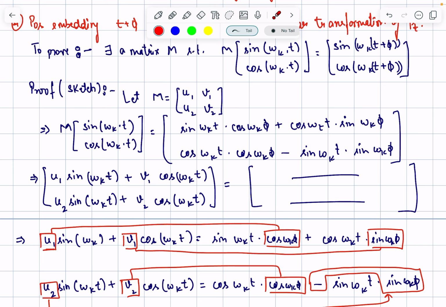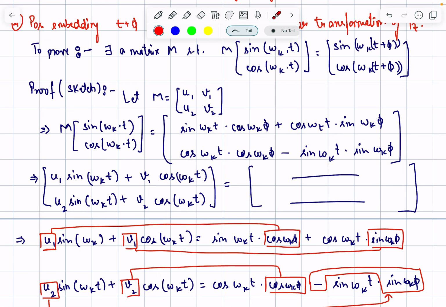So that means that if we put this value in this equation, we get M into sin of omega t, cos of omega t is equal to, let's expand these two using the formula for sin of theta 1 plus theta 2. In this case we expand it this way, and we get these two equations. These are standard equations.